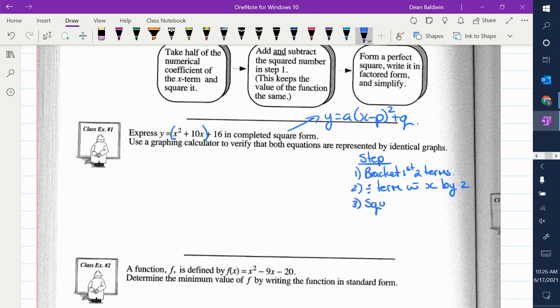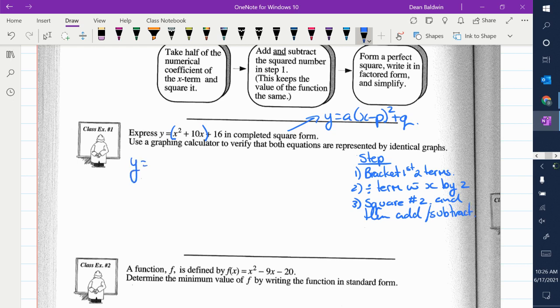Square. I'll just say square step 2, if that makes sense. Okay? You know what I mean? When I say that, square step 2. And then, and this is the trick, add and subtract it.